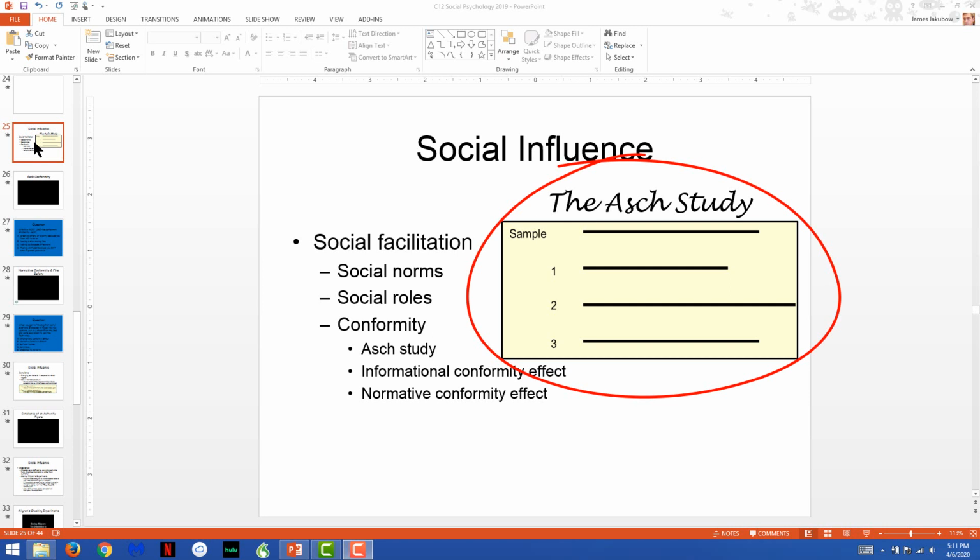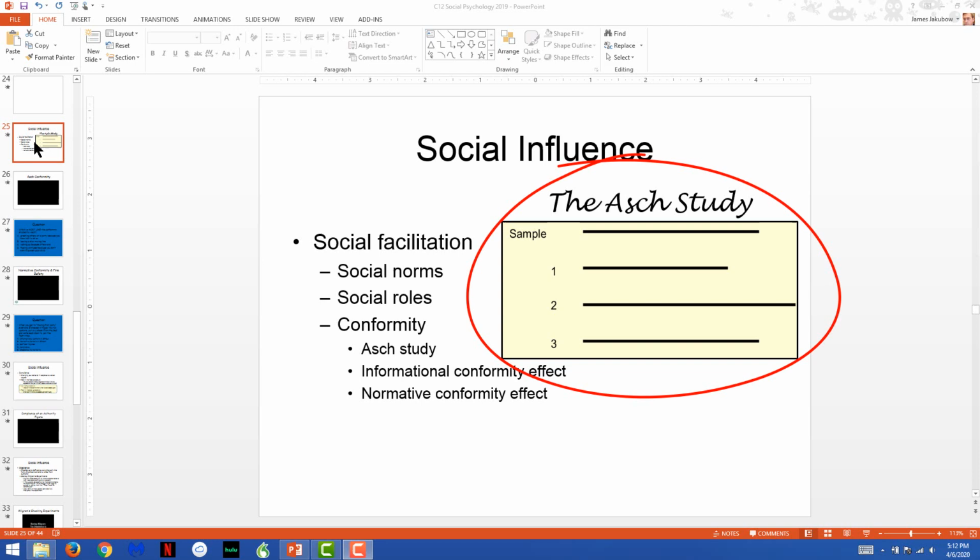In Asch's conformity studies, what they did is they had about 5 Confederates and 1 real subject. And an experimenter comes into the room and explains that the subjects are going to look at images of lines.